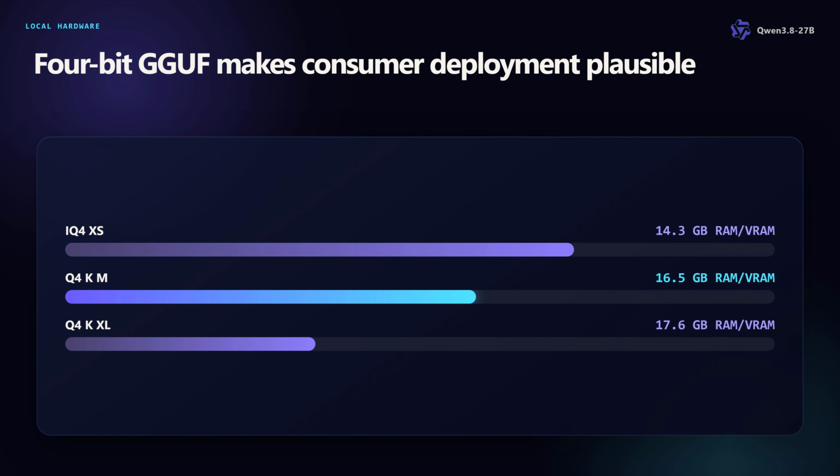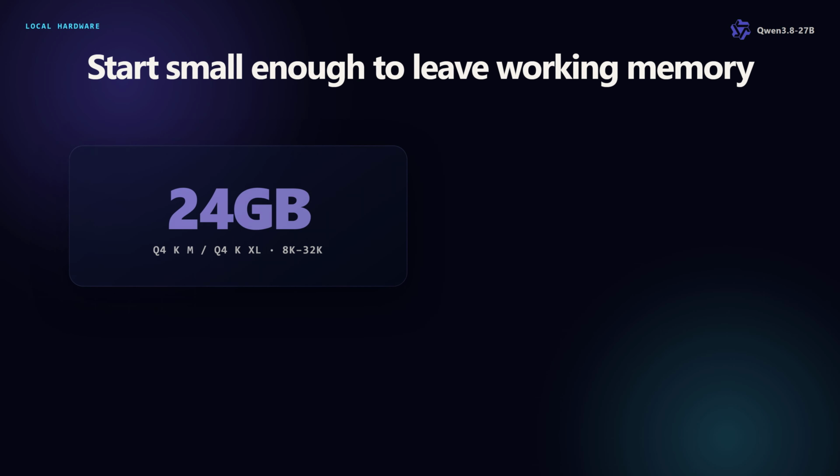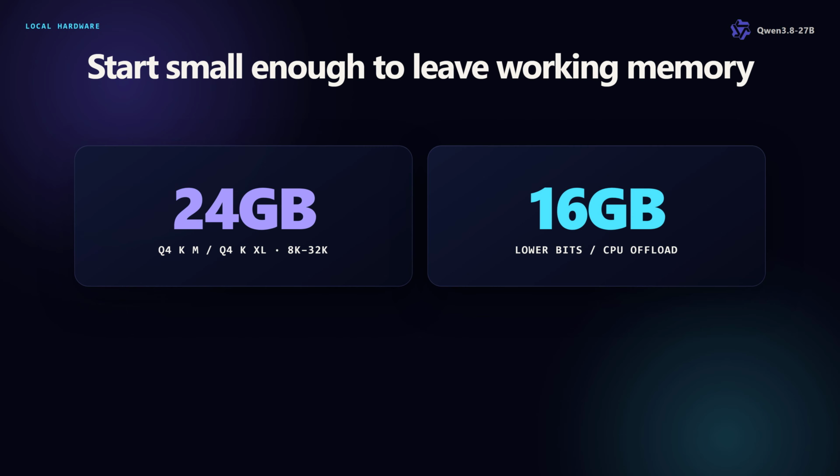For consumer systems, GGUF is the useful format. 4-bit files include 14.3 gigabytes for IQ4XS, 16.5 for Q4KM, and 17.6 for Q4KXL. On a 24 gigabyte GPU, start around Q4KM or Q4KXL with an 8K to 32K context. On 16 gigabytes, use a smaller quantization, reduced context, or partial CPU offload.